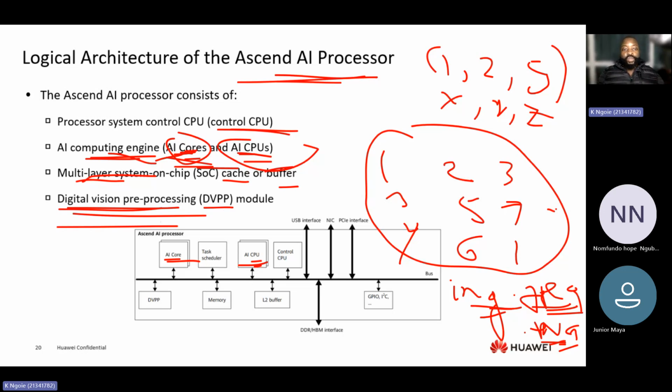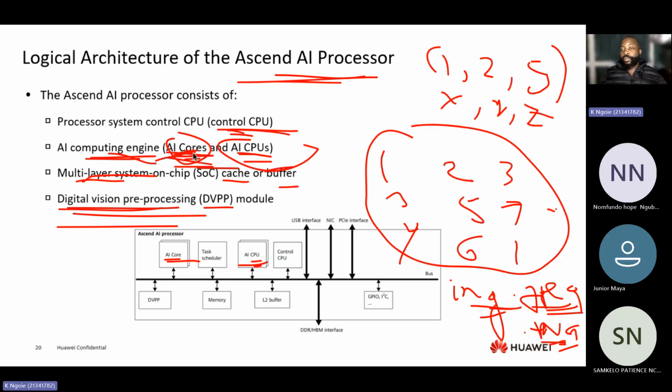Okay, so just to summarize, you understand that the control CPU will control all the logical calculation happening and manage all the tasks, and then you have your AI core, which will help with all the matrix operations, dealing with all the convolutional neural networks, right? And then you have the AI CPU, which will assist the AI core in terms of controlling how the computation flow is happening.